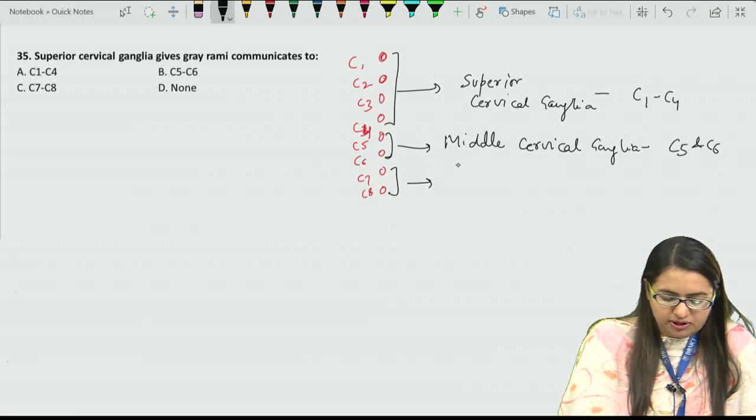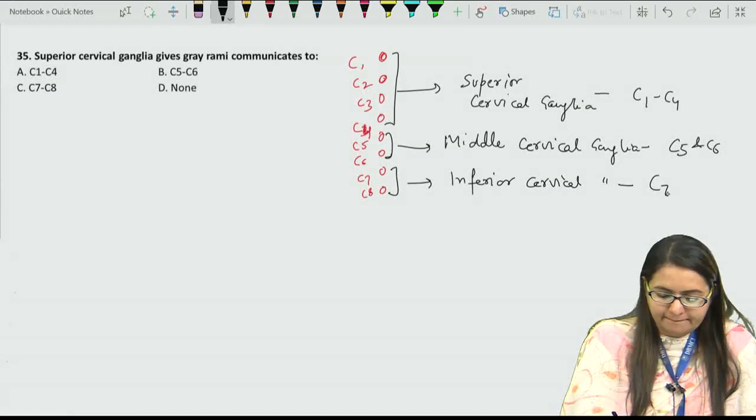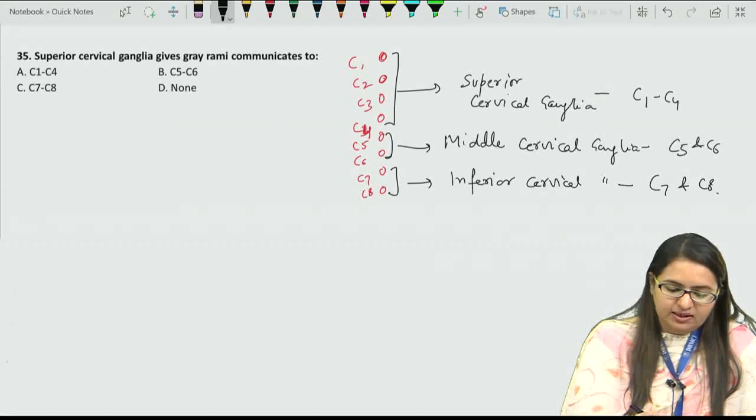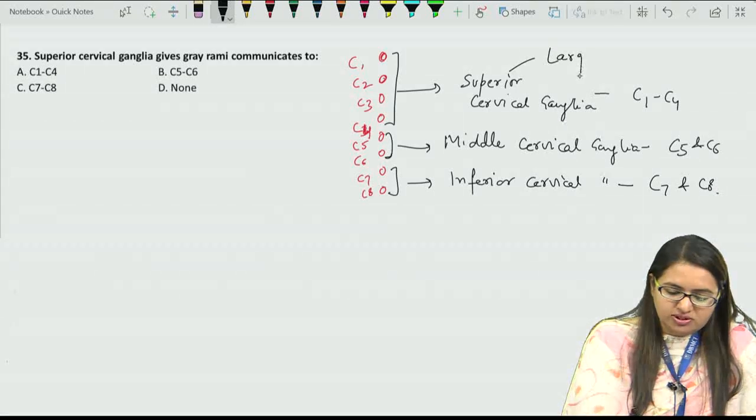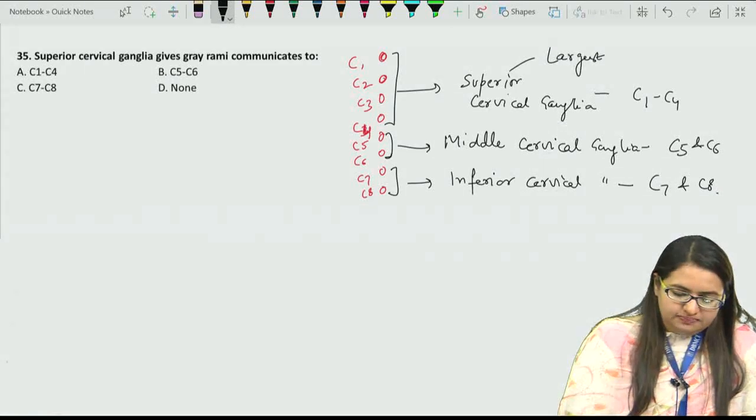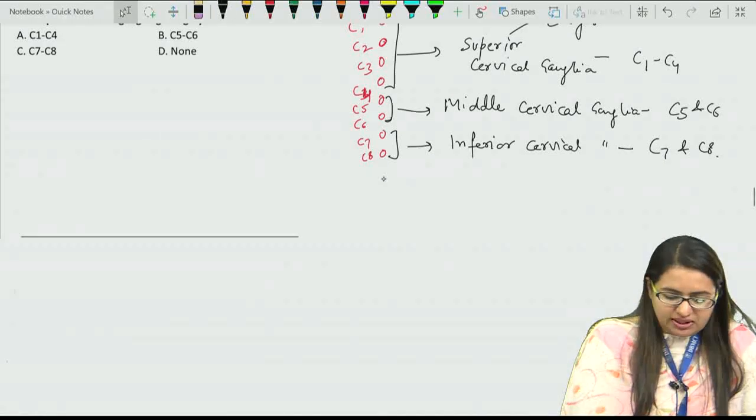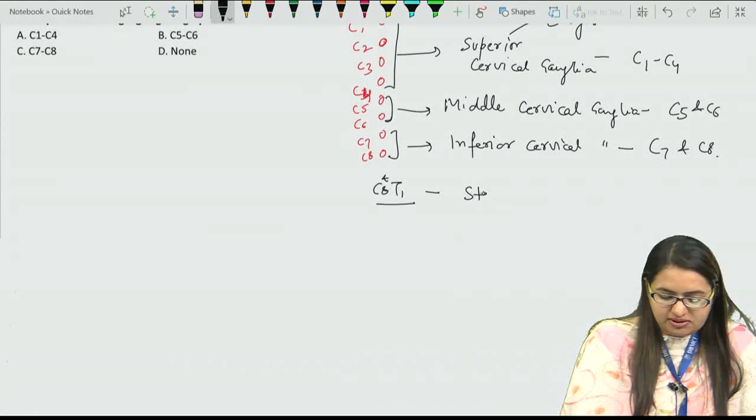And the lower two, they unite to form inferior cervical ganglia. In this, the largest one is the superior cervical ganglia. On the lower side, the C8 and T1, these two ganglions, if they unite, they are termed as stellate ganglia.